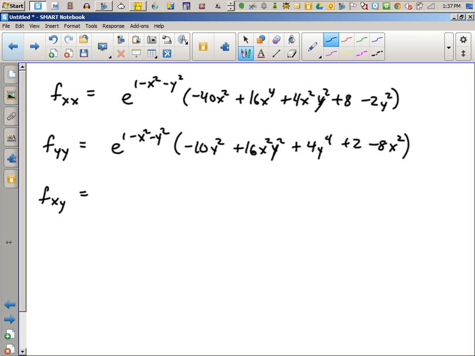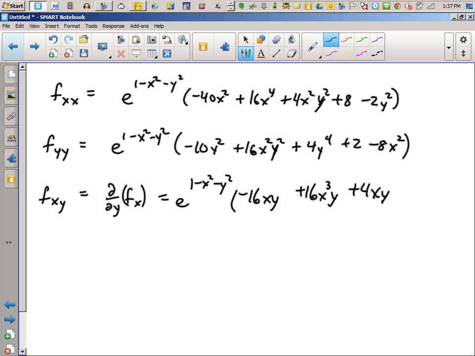Mixed derivative basically means d/dy of fx. So the first time I took the derivative with respect to x, treating y as a number, and now I'm d/dy-ing that. So I'm going to treat all my x's as numbers. Okay? And for that one I got e^(1 - x^2 - y^2) times negative 16xy plus 16x^3y plus 4xy^3 minus 2x.